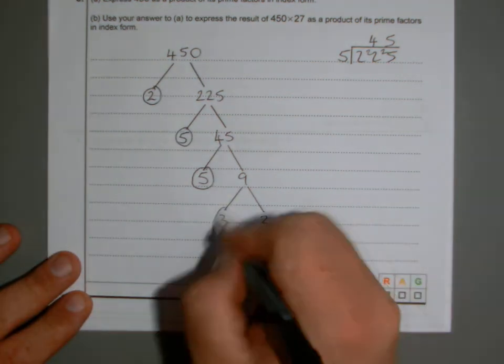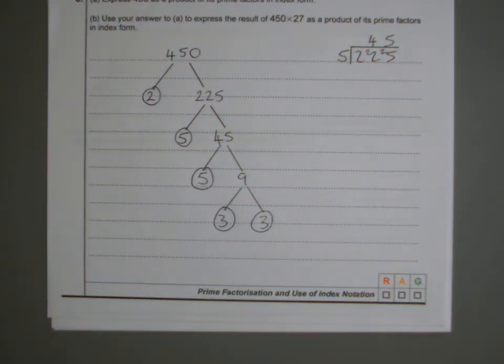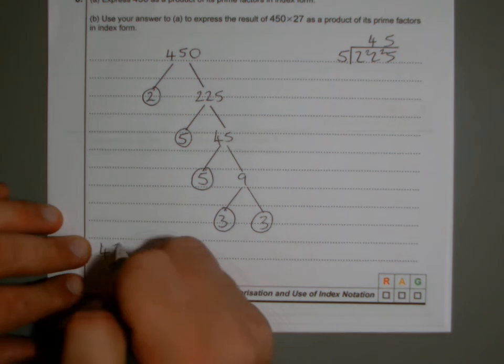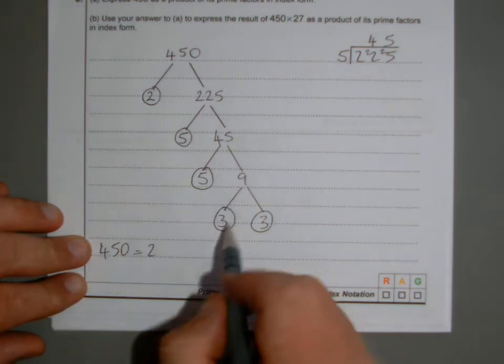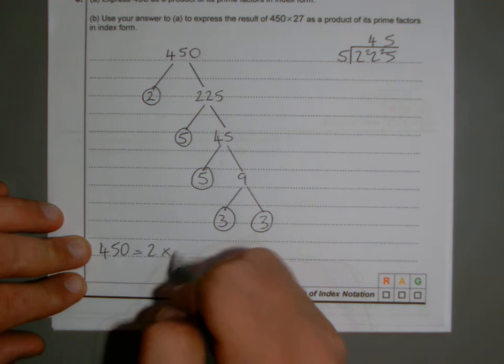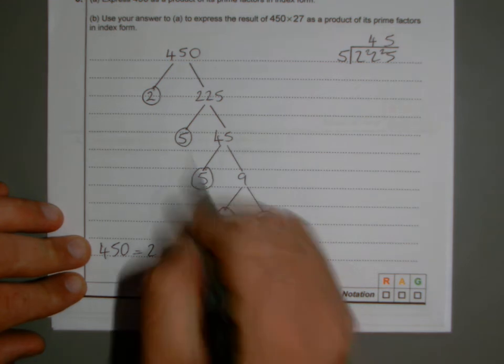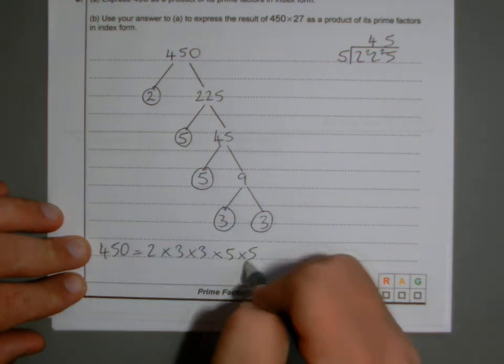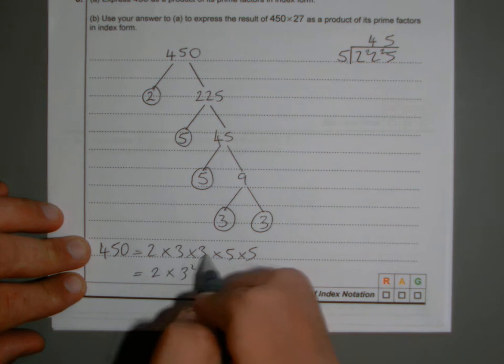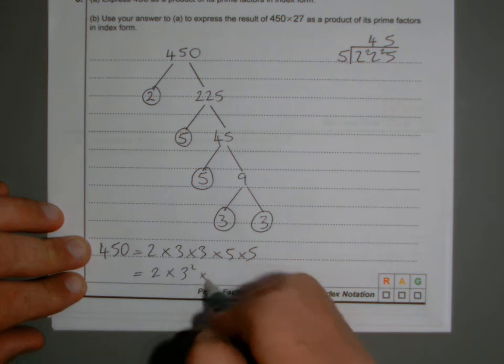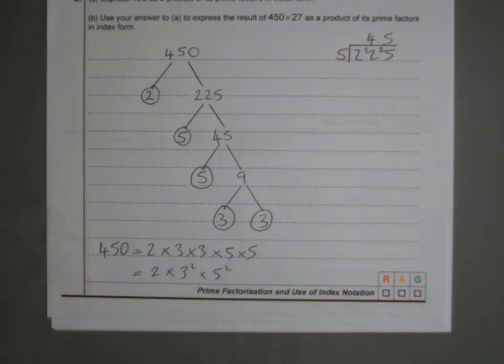Okay, so we can circle those 2 there. So 450 will be, well, we've got 2 there, haven't we? Then we've got 2 lots of 3s, and we've got 2 lots of 5 there. Okay, so in index form, this will be 2 times 3 squared, because there's 2 lots of 3 there, and 5 squared, there's 2 lots of 5 there.